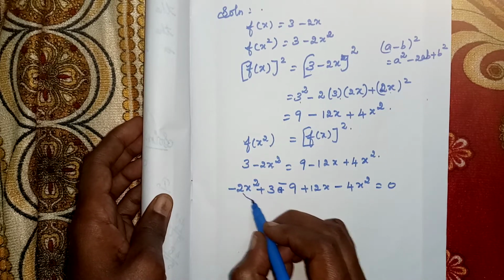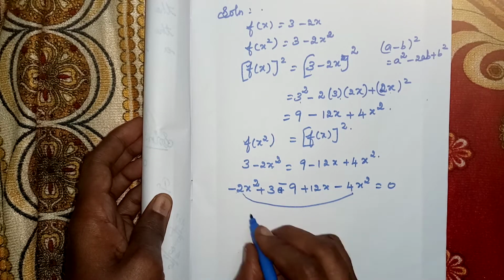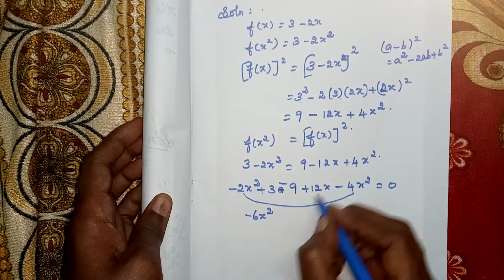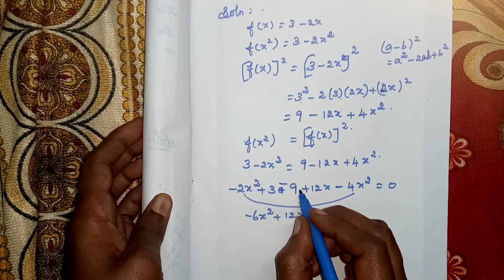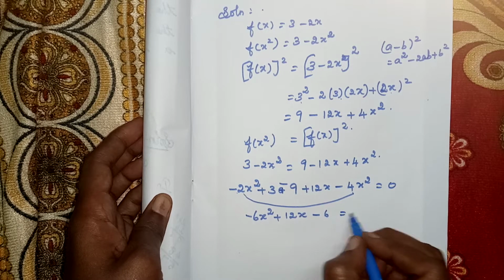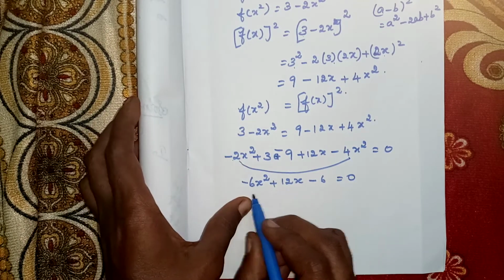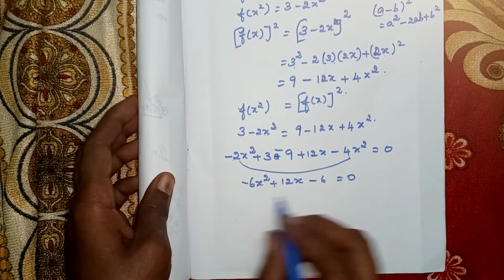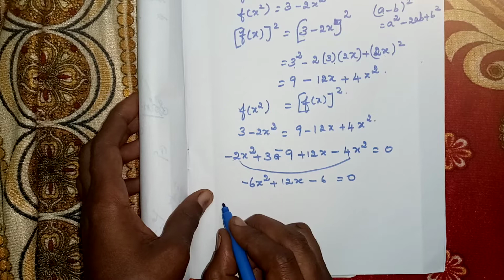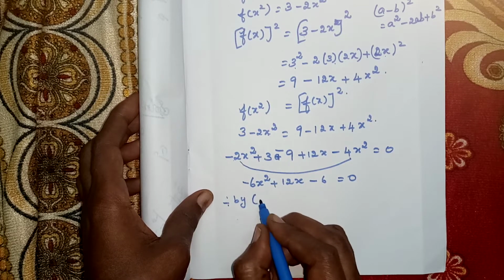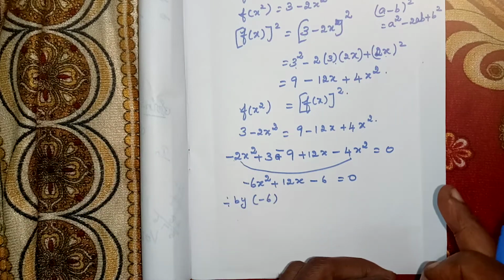Both x square terms: minus 2, minus 4, minus 6x square. This is 12x, the only x term, that I am writing. Plus 3 minus 9 minus 6 is equal to 0. Here everything is a multiple of 6, so we have to divide by 6.